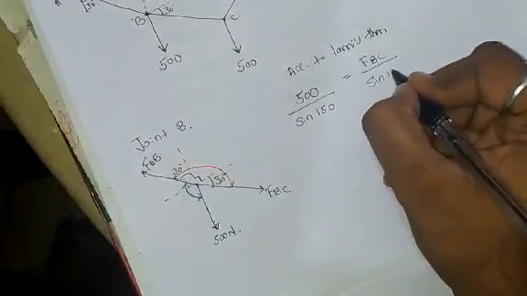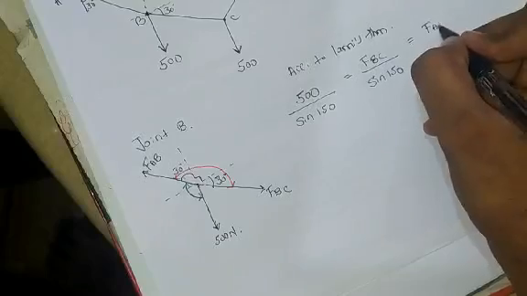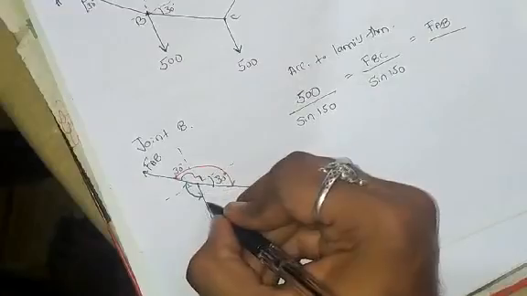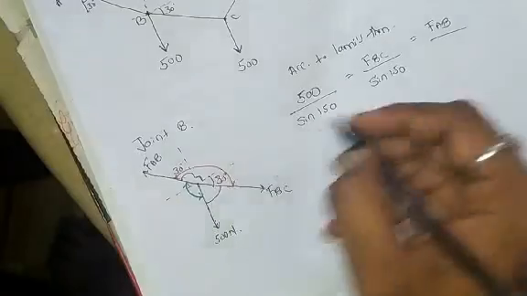So sine 150, that is equal to, now consider AB force, FAB divided by sine of the angle between the other 2 forces. That means I want this angle. What is the angle here? This is 90 minus 30, sine 60.